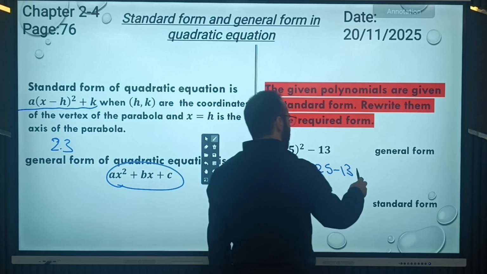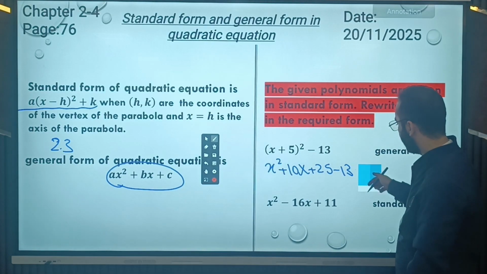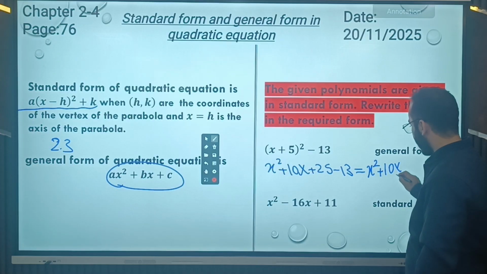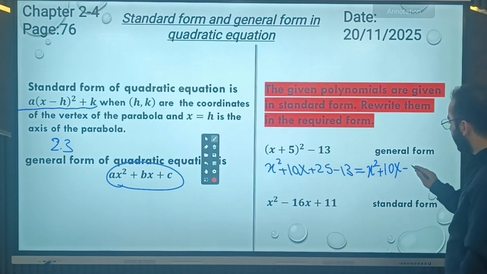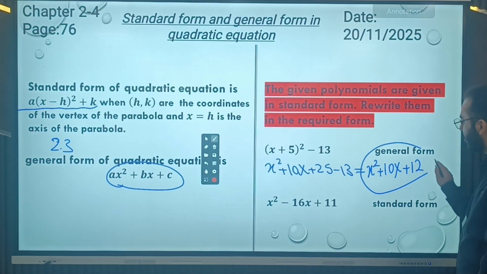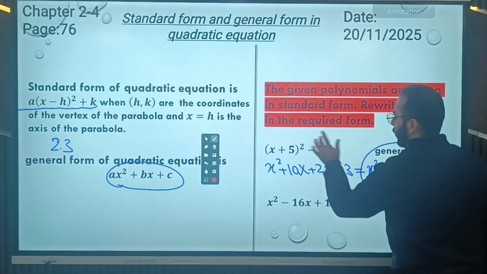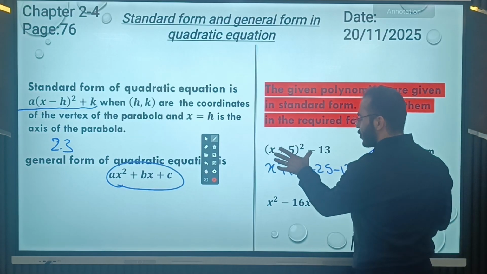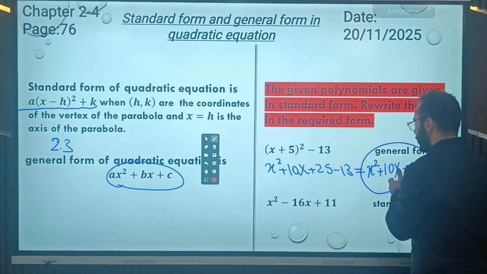So we can simplify a little bit: x squared plus 10x plus 25 minus 13, it's equal to 12.